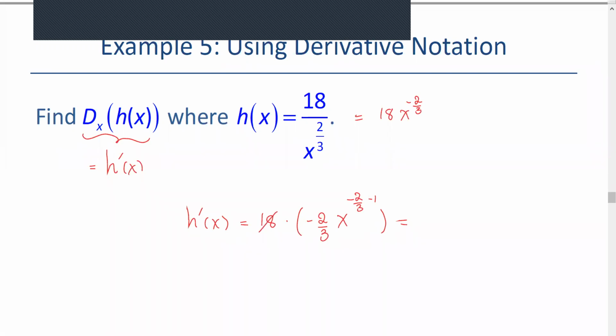Then we have 18 and 3 that can be reduced to be 6. 6 times -2 or -12 multiplied by x to the power -5/3. And we can rewrite the negative power into the positive power as 1 over x to the power 5/3. Simplify to get h prime x equals -12 divided by x to the power 5/3.